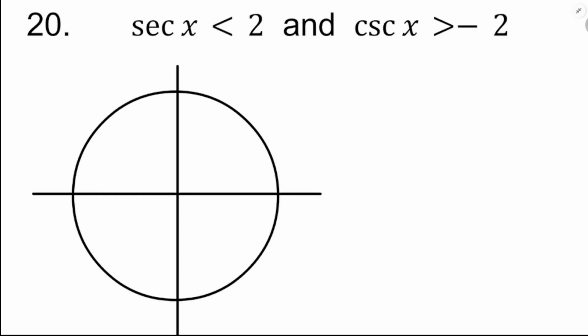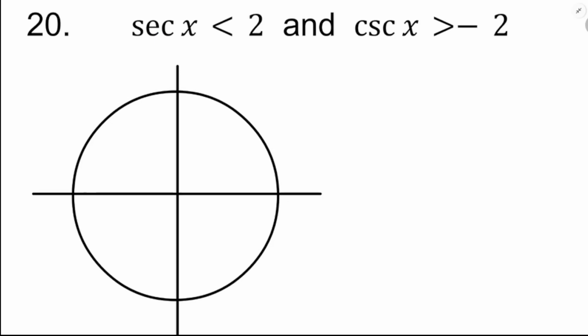All right, cool. So we've got secant x less than 2 and cosecant x greater than negative 2. Okay, now, one thing, I think we have run into this in this class already. If we flip both sides of an inequality, we will need to flip the direction of the inequality. I think that actually should make sense with this secant x is less than 2.